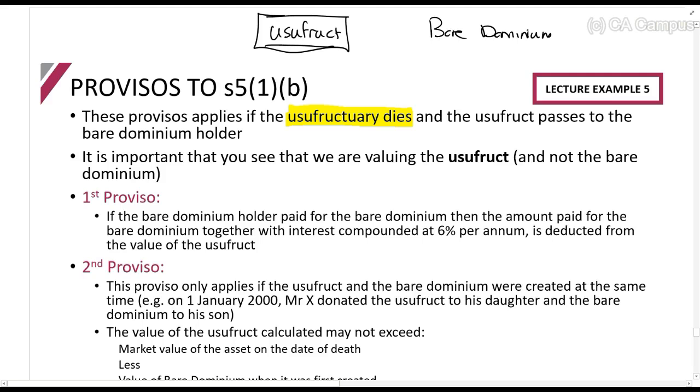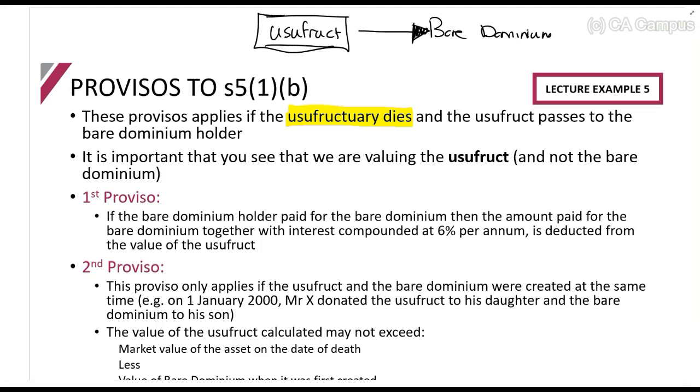And I can say who that person is. Now, that is fine. But if I do not say who the usufruct must go to, so I'll say, I'll give you the usufruct, and if you die, it must go to your son. So if I don't say it, if I say I'm giving you the usufruct, if you then die, it will automatically go to the bare dominium holder. Right, and this is very often the case, that the usufruct goes to the bare dominium holder. So while I'm alive, I have the usufruct, but when I die, it goes to the bare dominium holder.